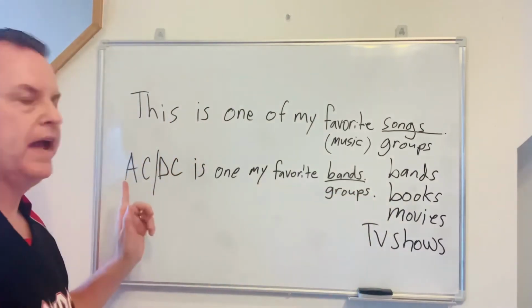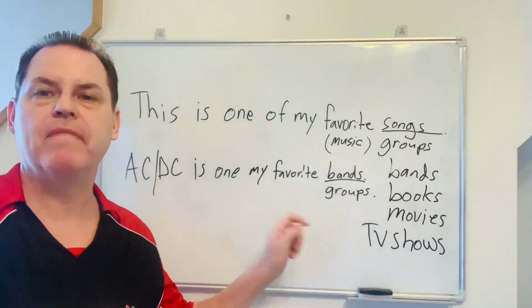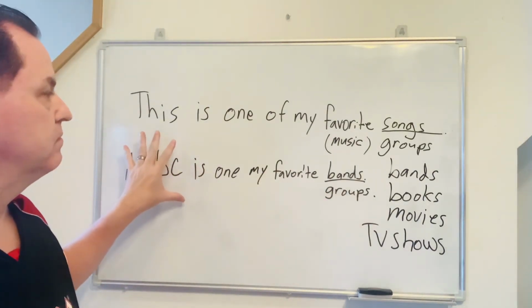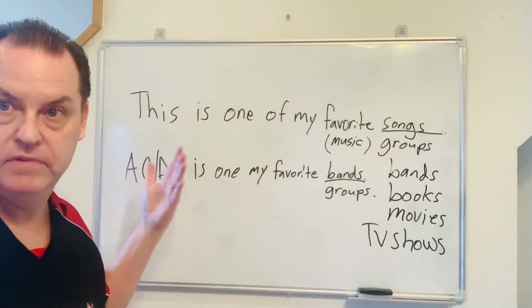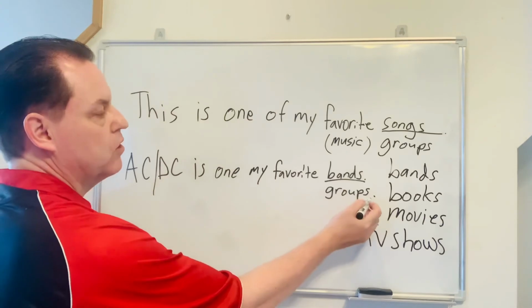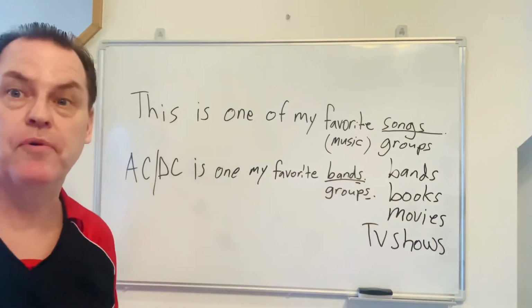Okay, AC/DC is one of my favorite groups. So you can say the name of what you want to say is your favorite. But just remember that plural S is very important.